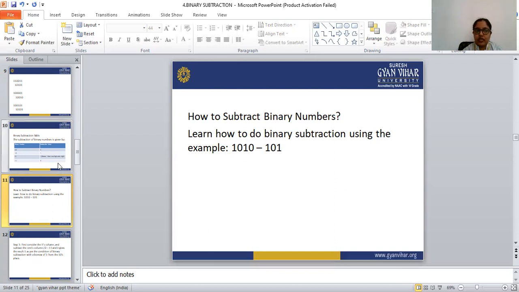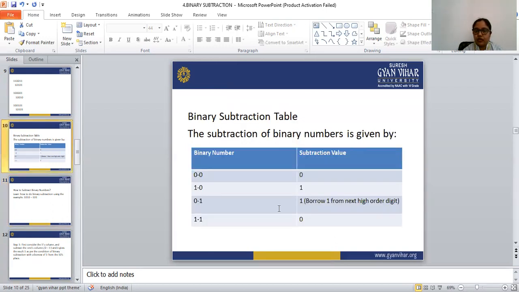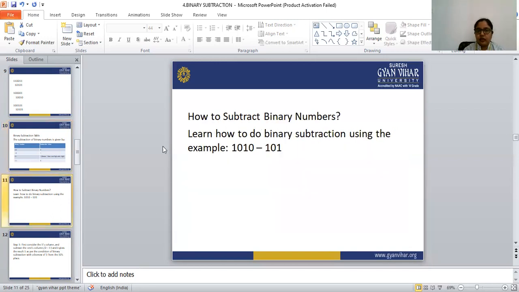We have seen that 0 minus 1 is equal to 1, but this 0 borrows 1 from the next digit. So this 0 became 1 0, and that 1 0 is equal to decimal number 2, and 2 minus 1 is equal to 1.